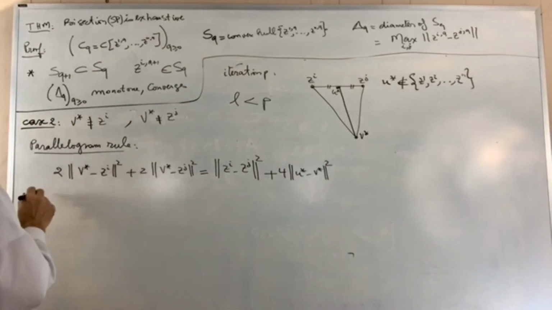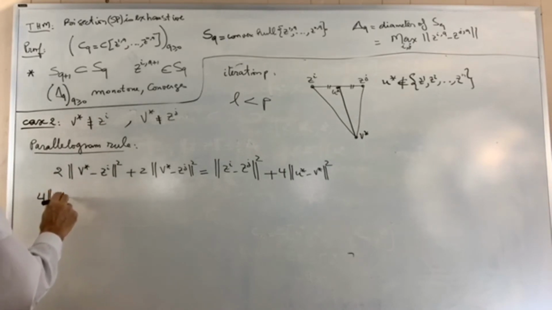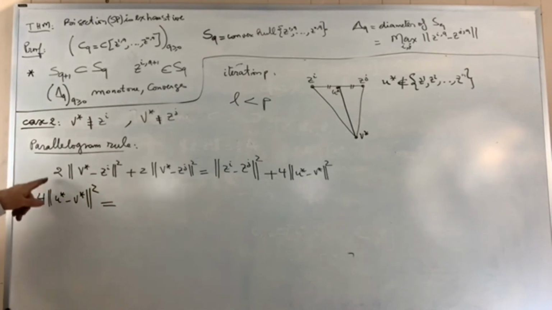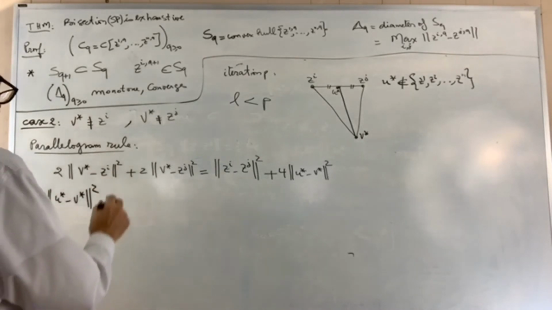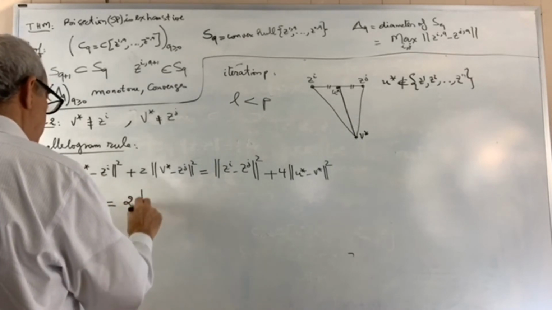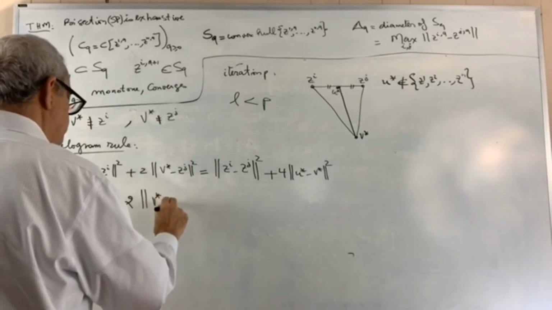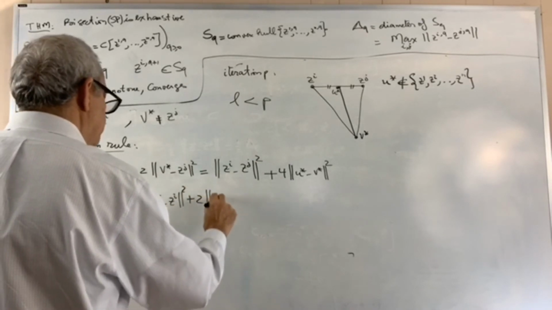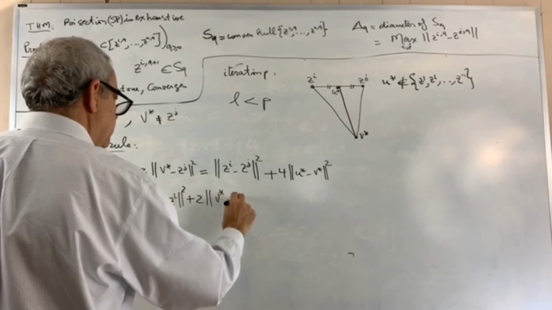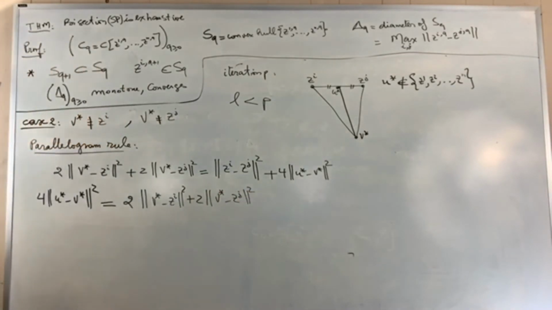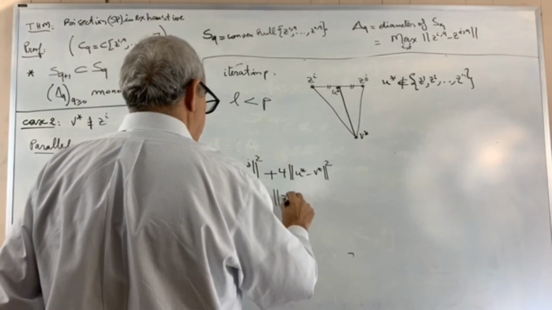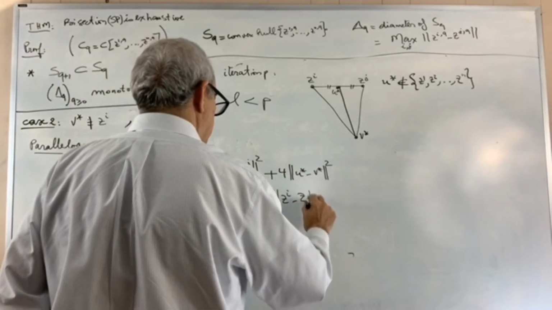So therefore, 4 times the norm of u star minus V star squared, that's equal to 2 times the norm of V star minus Zi squared plus 2 times the norm of V star minus Zj squared, right, minus the norm of Zi minus Zj squared.